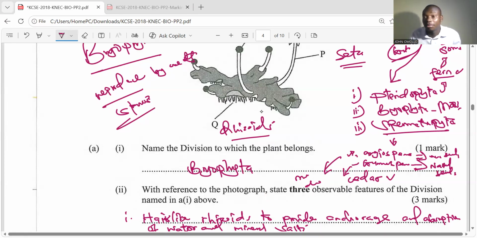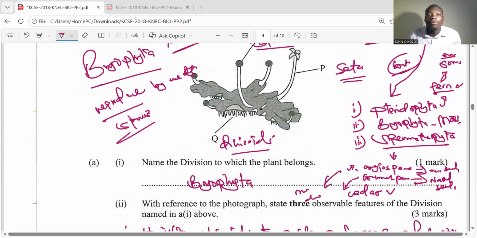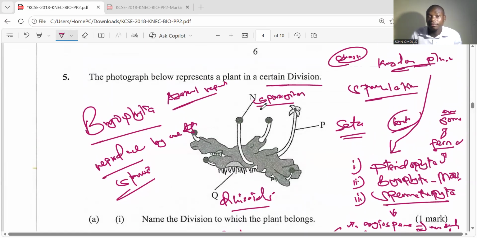And you have to know them by their characteristics. You have to know their features. In terms of division, you have to know what they have that helps them. Do they undergo alternation of generation?